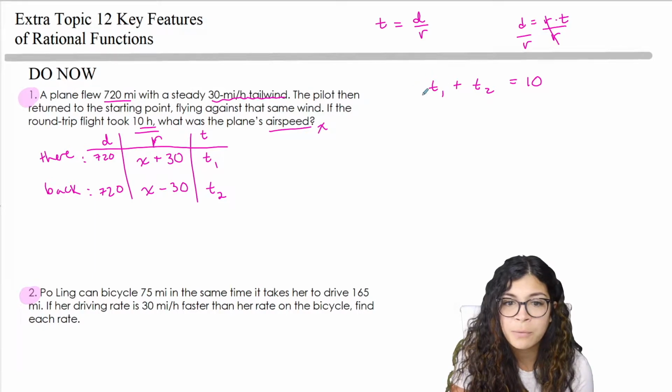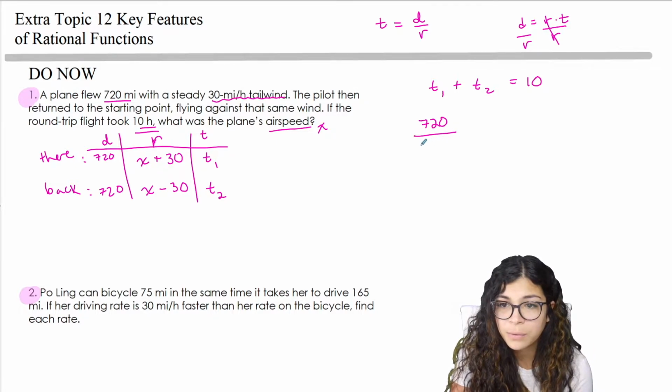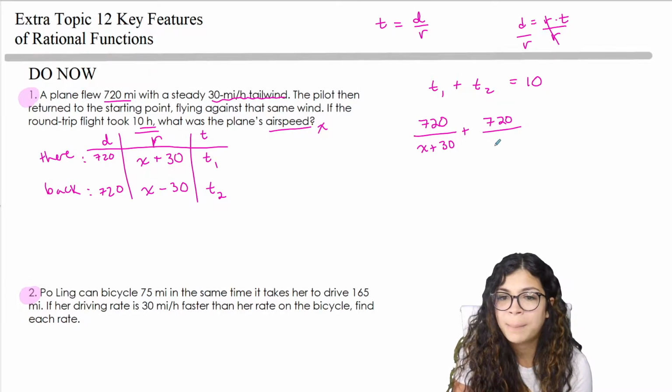The time for there, t1, is 720 divided by x plus 30. The time for back, t2, is 720 divided by the rate going back, x minus 30. Altogether, adding those two gives you 10.